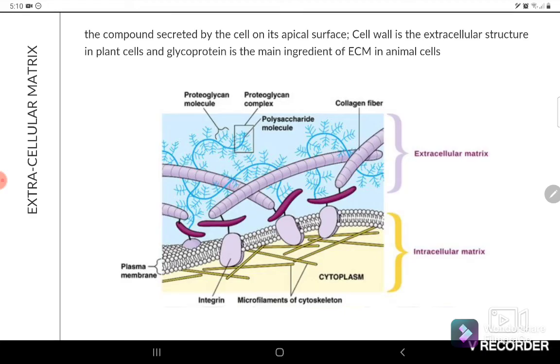These are the components of the extracellular matrix of the animal cells. So that is for the apical cell modifications.